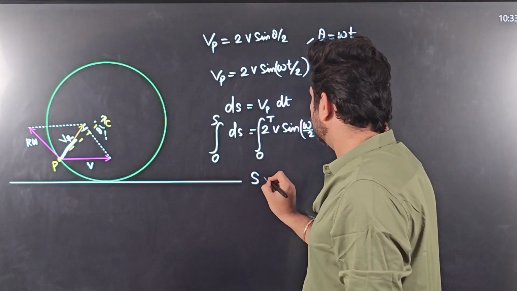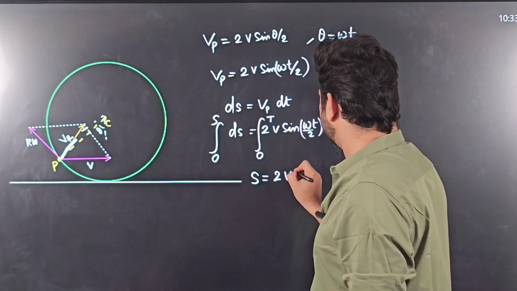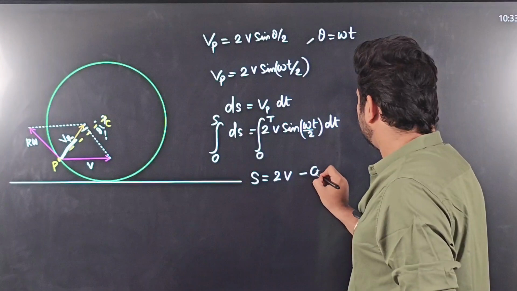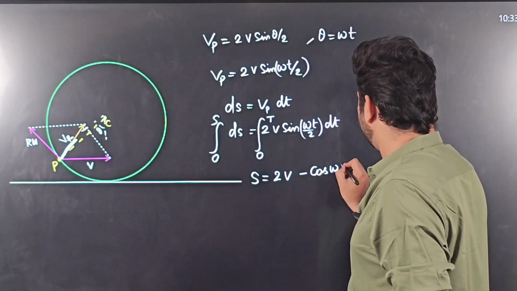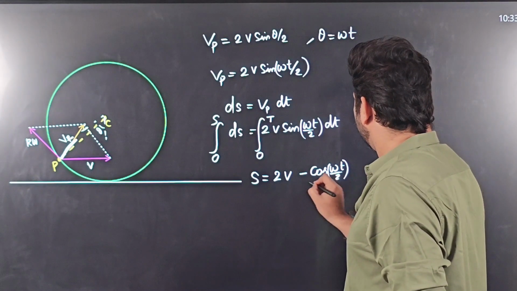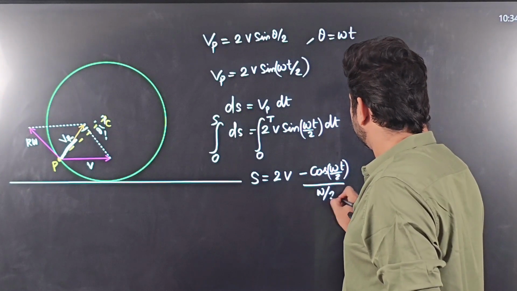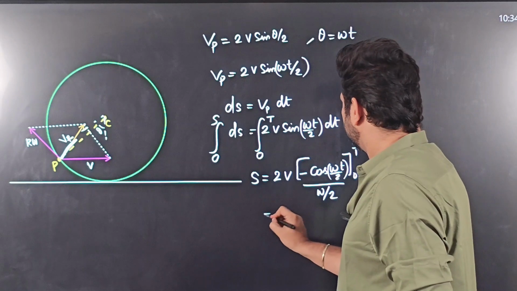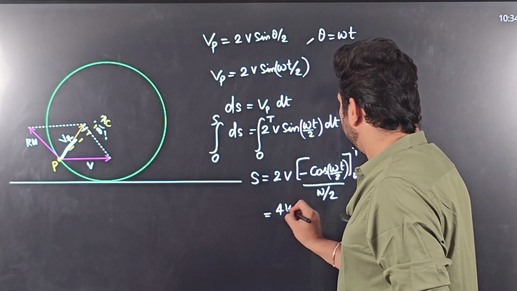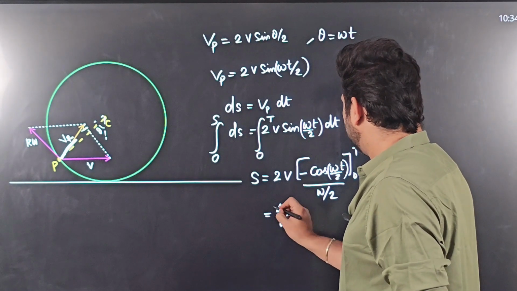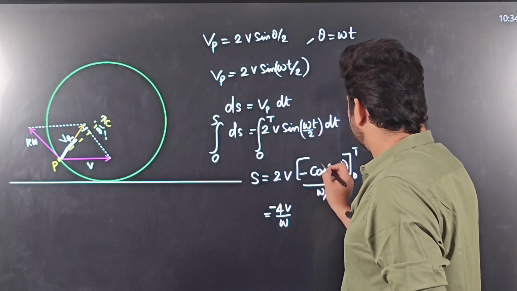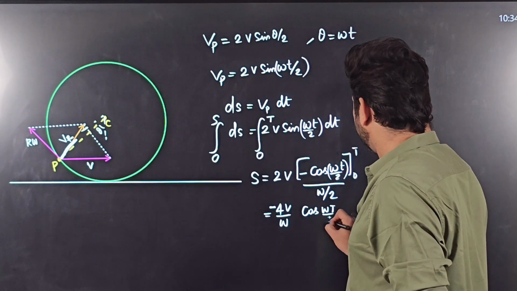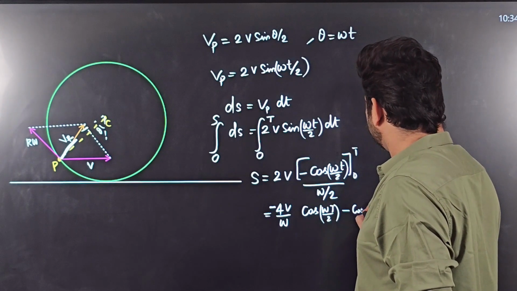So LHS is s, that is equal to 2V, these are constants, times the integration of sine omega t by 2, that is minus cos omega t by 2 divided by omega by 2, and the limits are from 0 to T. So this becomes 4V by omega, and I'll take the minus also out. The upper limit is cos omega T by 2, minus the lower limit, cos 0.